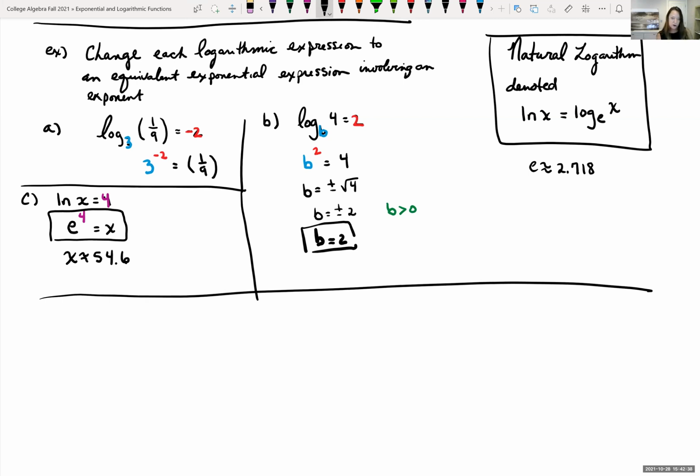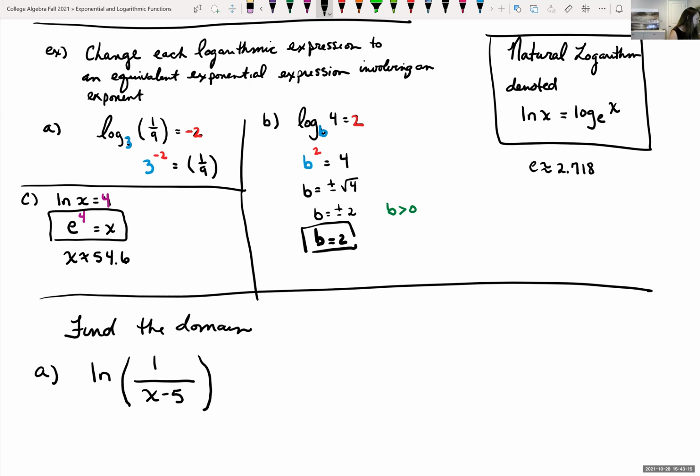So we talked about for logarithms that our domain, that x value, has to be greater than 0. And so let's say we were trying to find the domain of the following. Let's say it was f of x equals the natural log of 1 all over x minus 5.